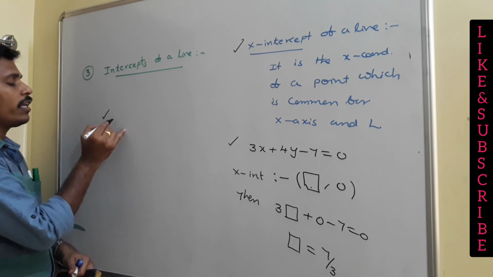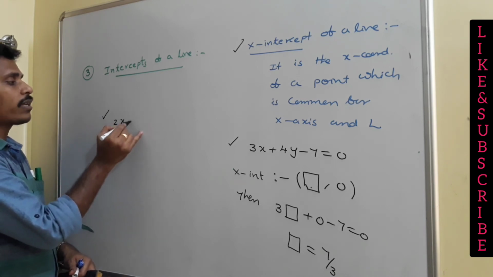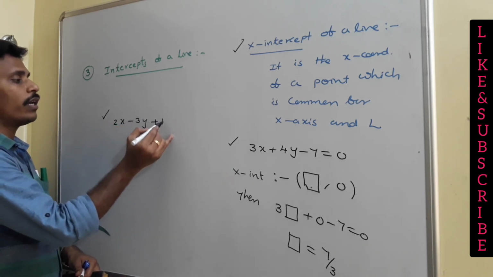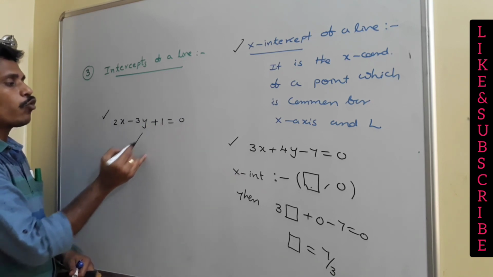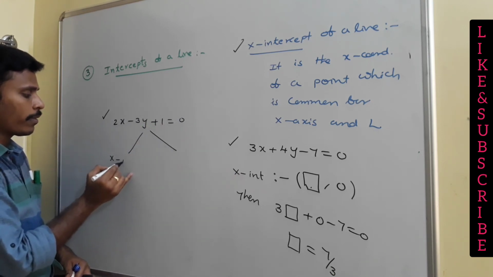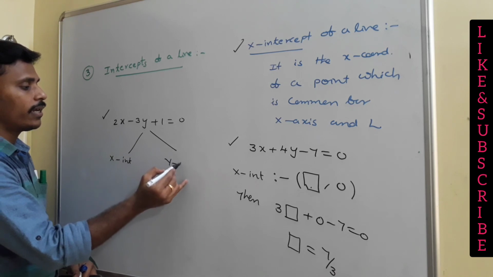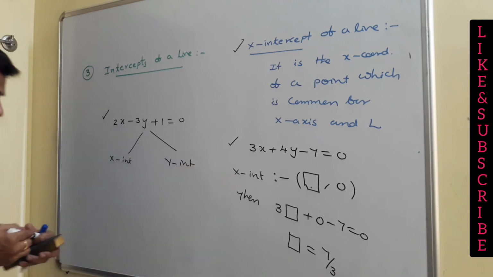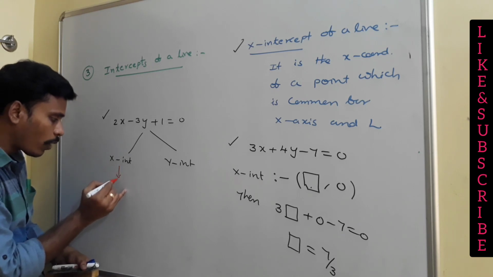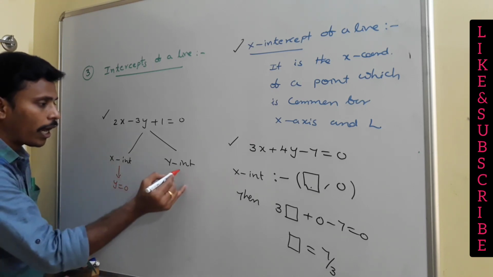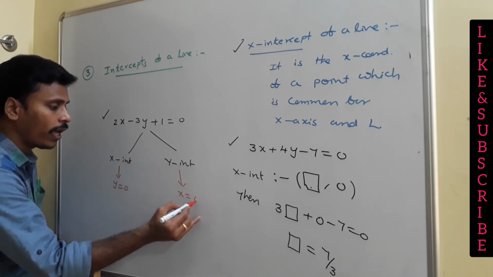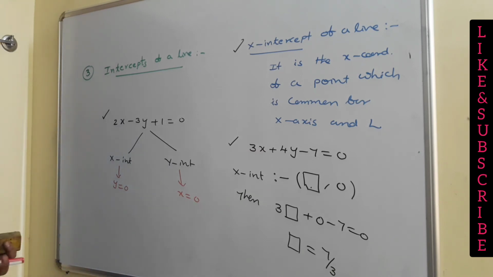For example, if my equation is 2x minus 3y plus 1 is equal to 0, how do we find the x-intercept as well as the y-intercept? What I told you: to find the x-intercept you take y equal to 0, and to find the y-intercept you take x equal to 0 in the given equation.